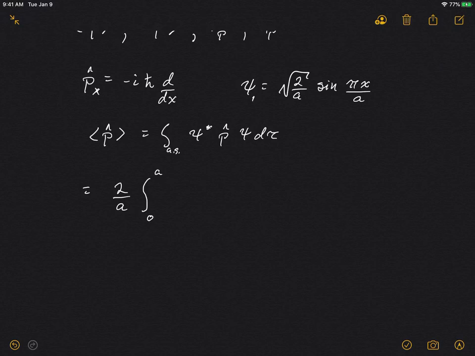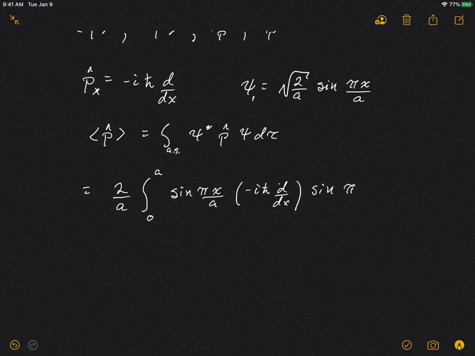Our wave function is of course sine pi x over a, and then our momentum operator is minus i h bar d/dx, acting on sine pi x over a, and our differential element there is dx.